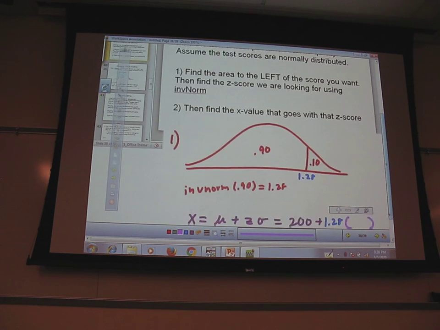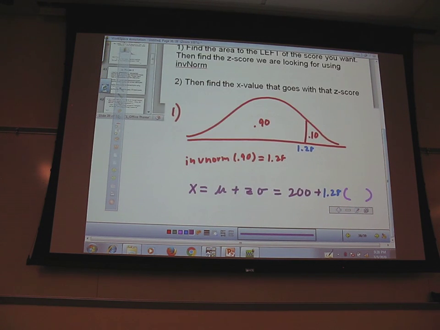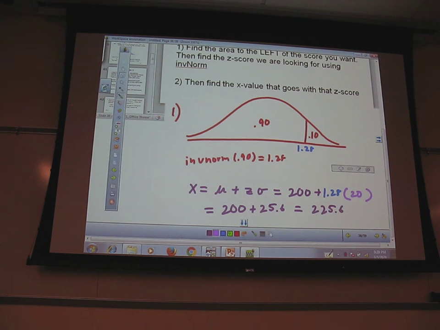Right, my mean was in purple. My mean is 200. So if I do all those things I get 200 plus 25.6, so you need to score 225.6 or higher to get into the Police Academy.